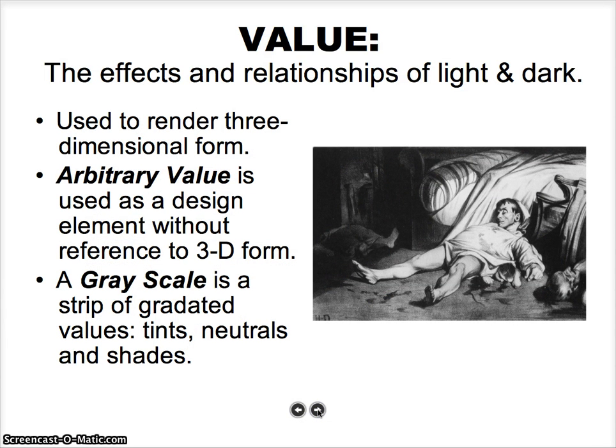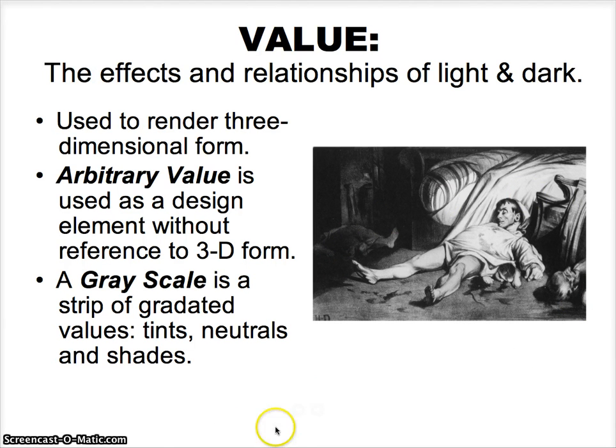Okay, value. Value is the effects and relationships of light and dark. And we have arbitrary value, like a checkerboard, used as a design element. And a lot of times we have actual value, in which the artist tries to have a source of light to bring light to the world.